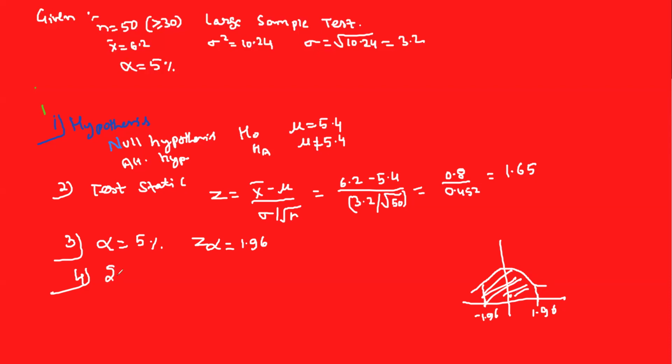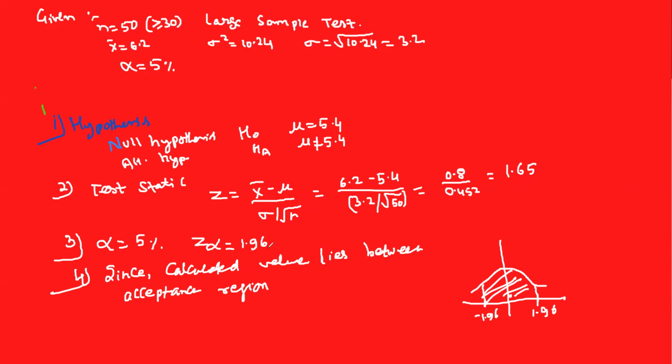So you can write: since the calculated value lies between, in the acceptance region. Sometimes it is taken as positive. If it is taken positive, then always say my calculated value is less than 1.96.